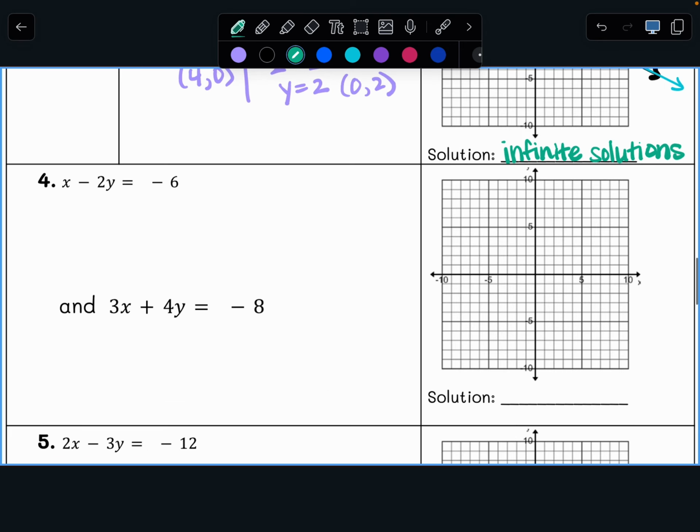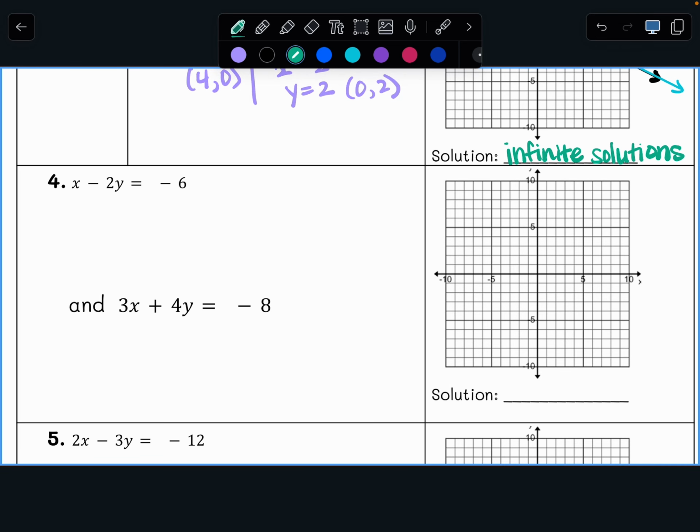All right, number 4, x minus 2y equals negative 6. This is in standard form, so let's solve this. Again, let's use intercepts. So I'm going to get rid of y first. X equals negative 6.